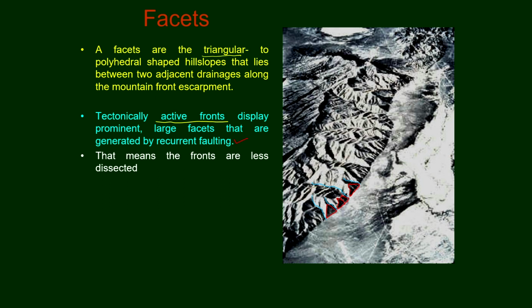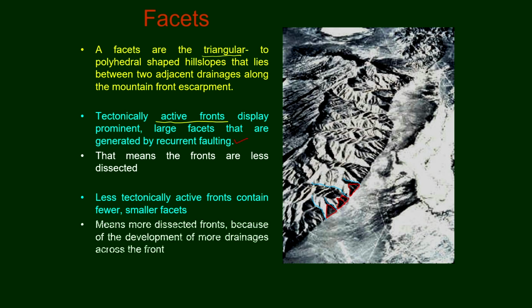As I told, this goes side by side with mountain front sinuosity also. Less tectonically active fronts contain fewer, smaller facets, which means more dissected fronts because of the development of more drainage across the front.